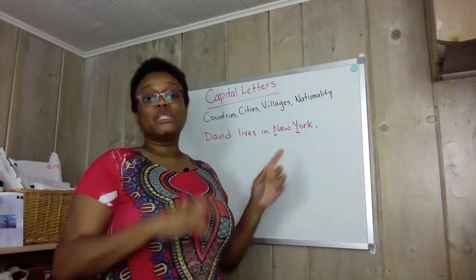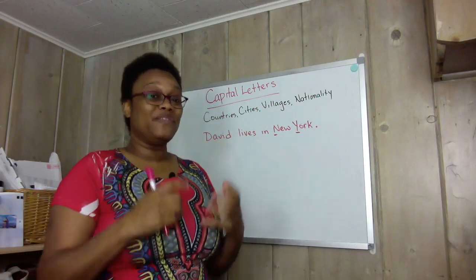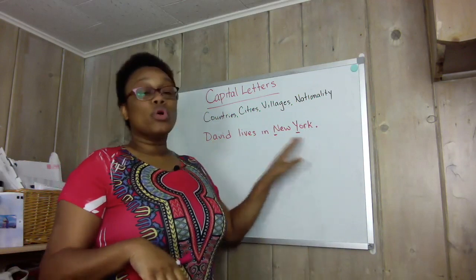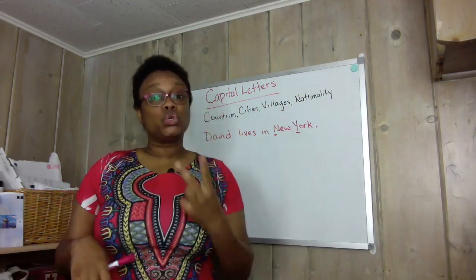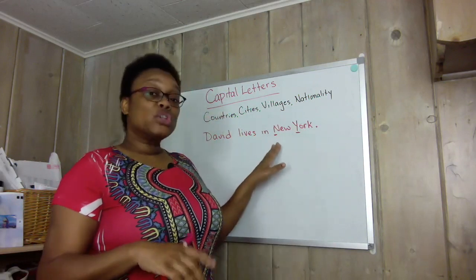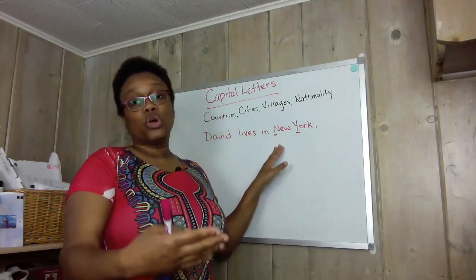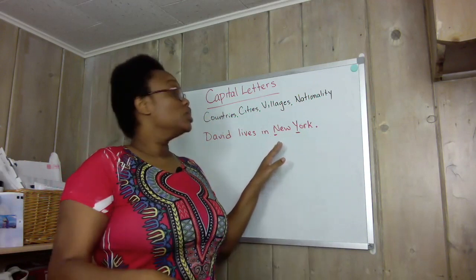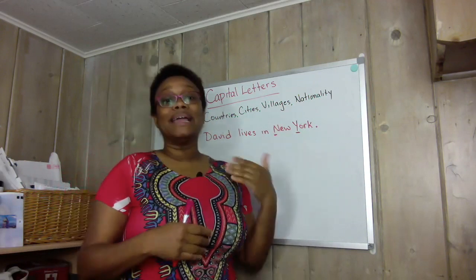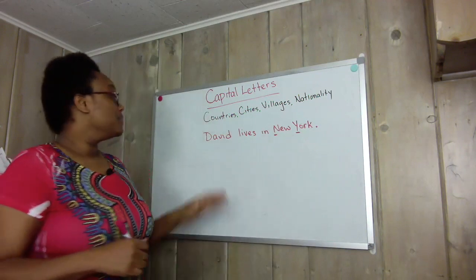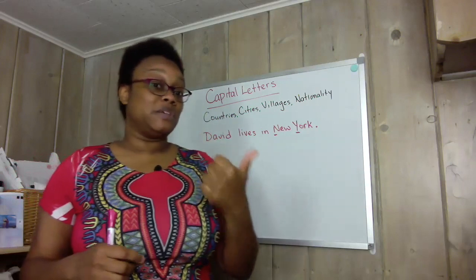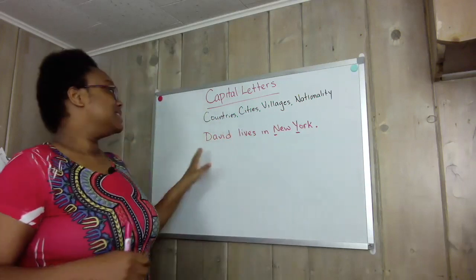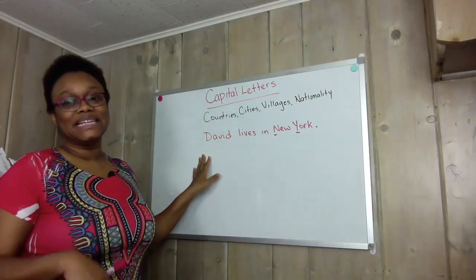If your proper noun, that specific word, has more than one word attached to it, like New York has two words, the first letter of each of those words gets capitalized. So the N in New and the Y in York get capitalized. Of course, David gets capitalized because it's a proper noun. It names a specific person, but also because it's the first word in the sentence.